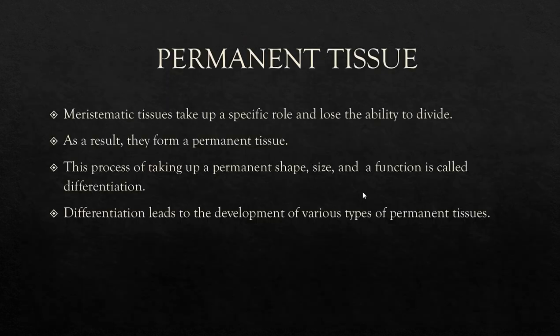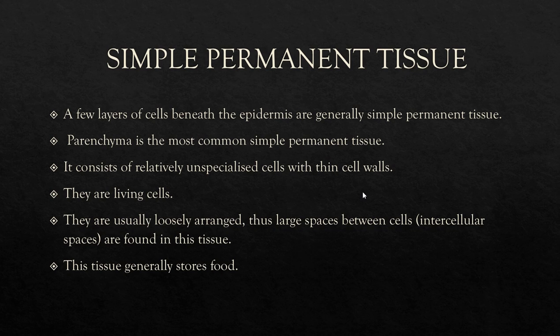As the name suggests, it means it's simple. That means when we observe these tissues, their cells are quite similar in structure and shape, and they are simple to study, right? A few layers of cells beneath the epidermis are generally simple permanent tissue, and the most common one is parenchyma.